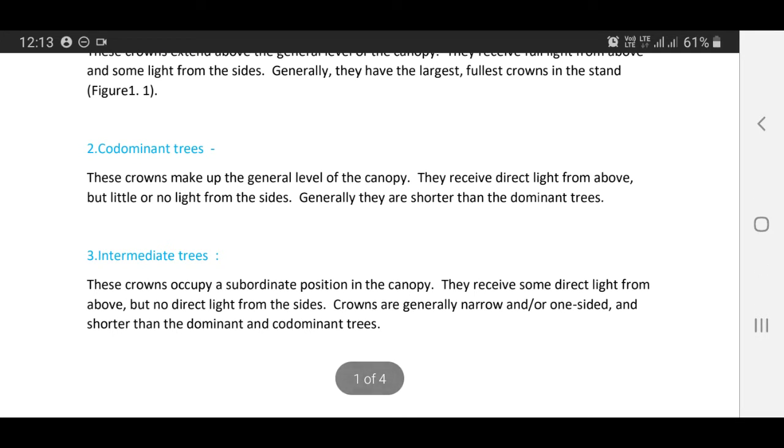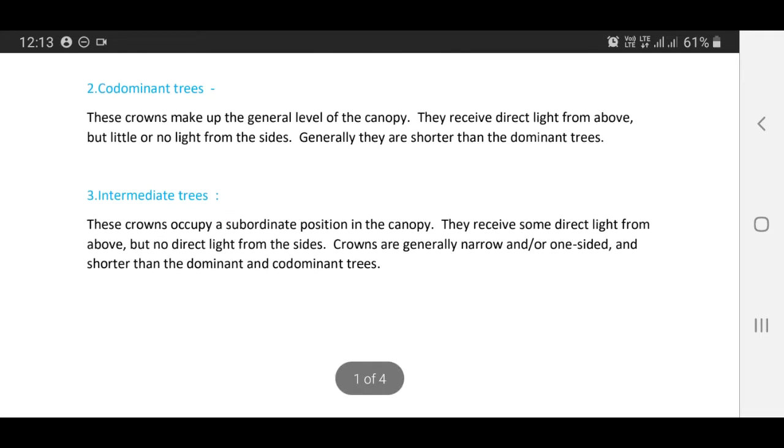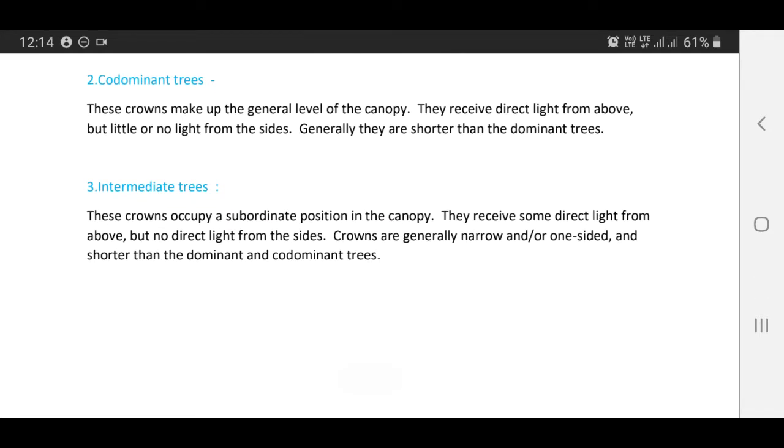The third category is intermediate trees. These crowns occupy a subordinate position in the canopy. They receive some direct light from above, but no direct light from the sides. It means they are not receiving light from the side canopies of the trees.